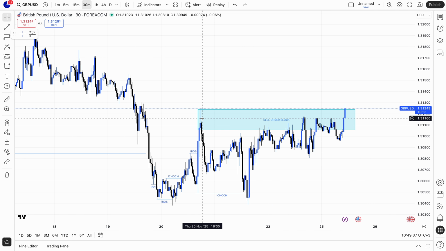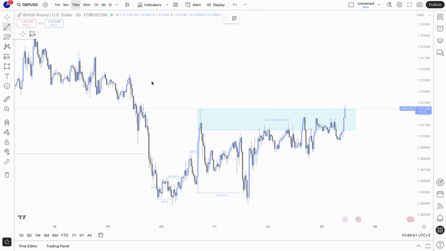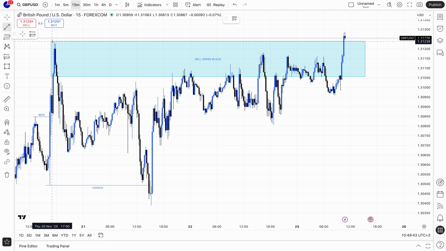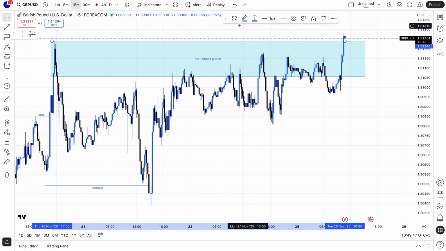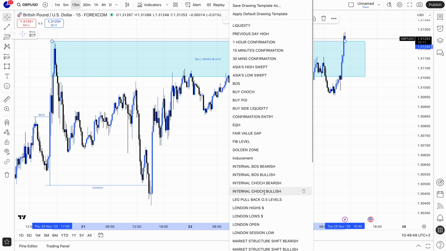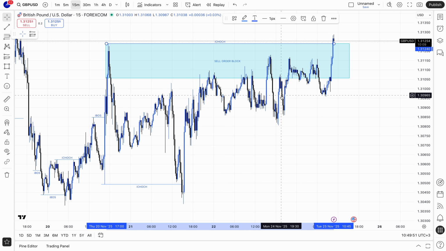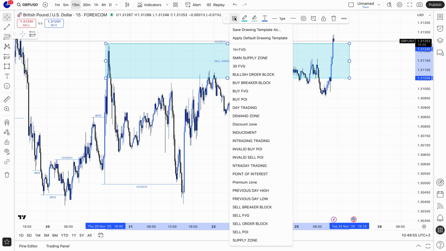And our plan is very, very simple. That means from here, then you have a change of character to the upside, but it's internal structure, right? Then this sell order block, after being disrespected, this is our buy breaker block.